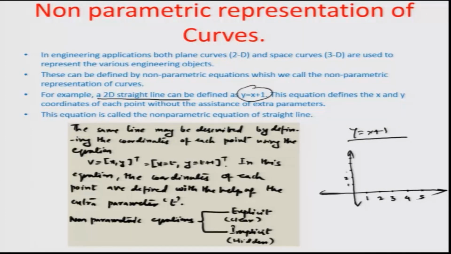So, this is 1 2 3 4 5 in the y direction. So, I would like to plot this through a straight line which will have a slope of 45 degrees and an intercept of exactly 1 unit.